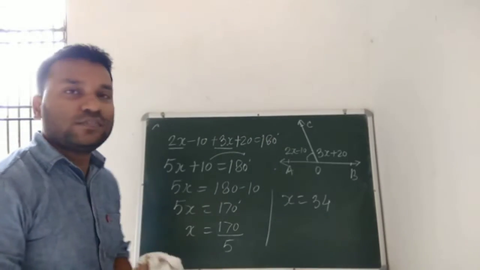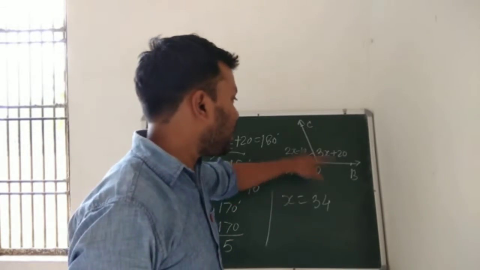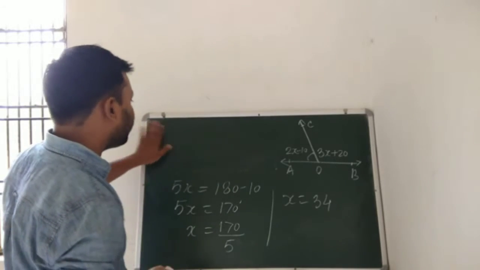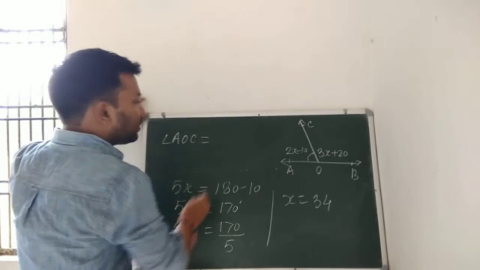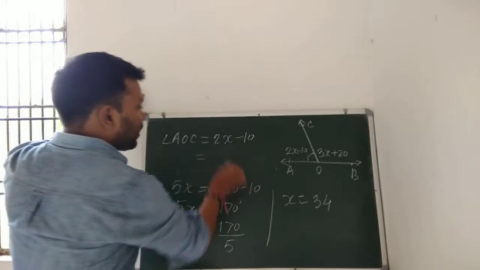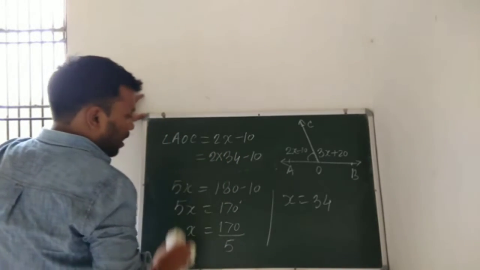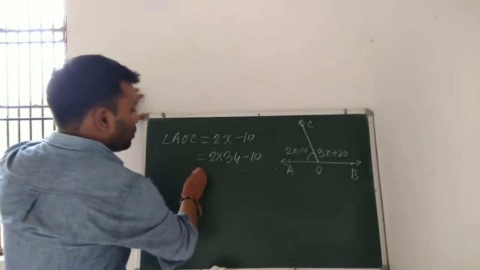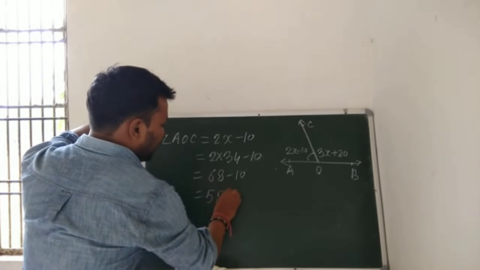Now with the help of this value, we will find out the measure of angle AOC and angle BOC. What is the value we have been given in the question for angle AOC? AOC is equal to 2x minus 10. We just have to put the value of x here, that is 2 into 34 minus 10, and we will get the measure of angle AOC, 68 minus 10, that is 58 degrees.